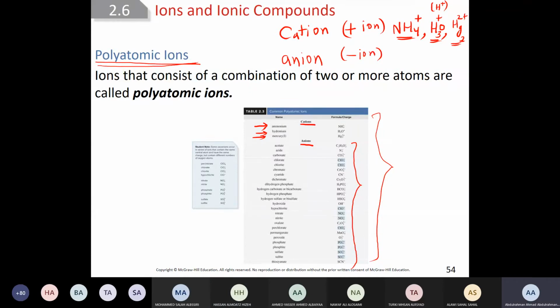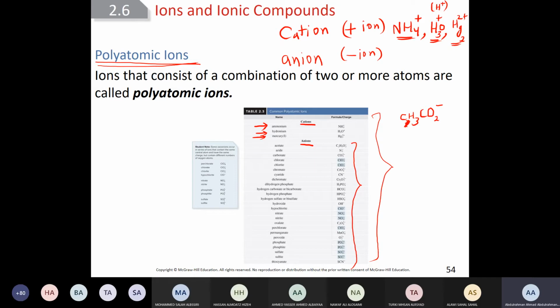For example, the first one, I can write it like this: CH3CO2 minus. What's this called?